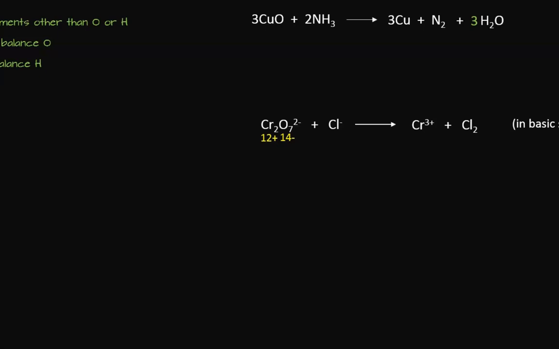So an individual single chromium will be 12 divided by 2, which is 6+, the oxidation state for a single chromium atom. Since each chromium is 6+, the oxidation number has been reduced from 6+ to 3+, making this a reduction. The chlorine has gone up from 1- to 0, thus making it the oxidation.